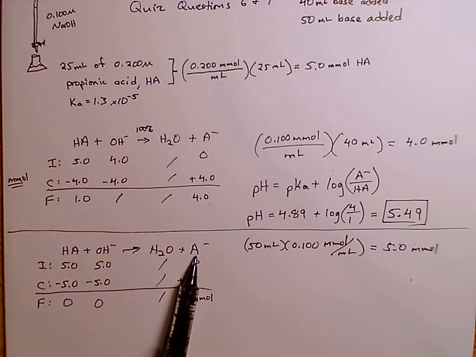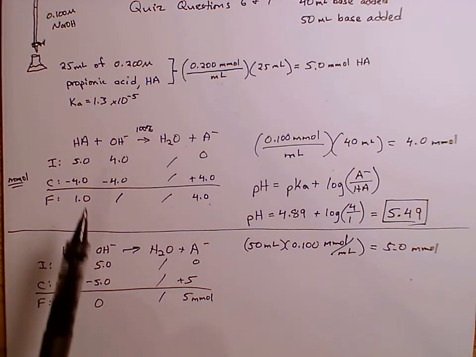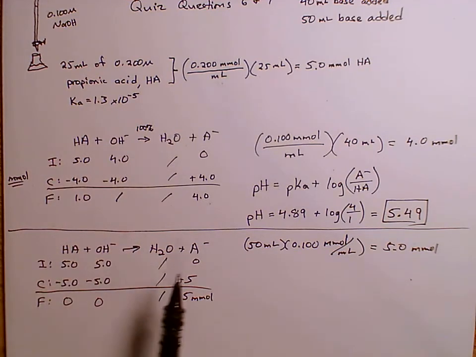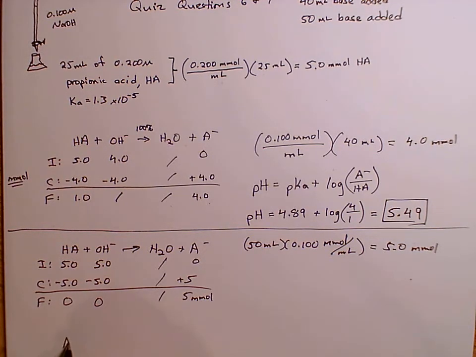Well, A minus is the conjugate base of HA. HA is a weak acid, has a Ka value. This is a conjugate base of a weak acid, which is a weak base. So I know this is a weak base in water, so any weak base in water will be an equilibrium reaction with HA plus OH minus. That's why it's a weak base, because when you add it to water, you generate hydroxide.